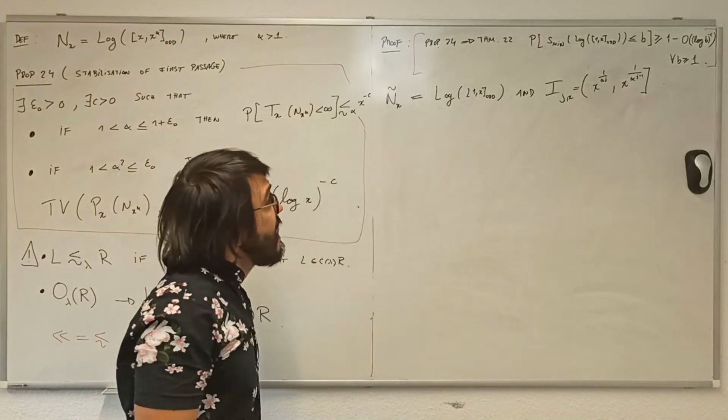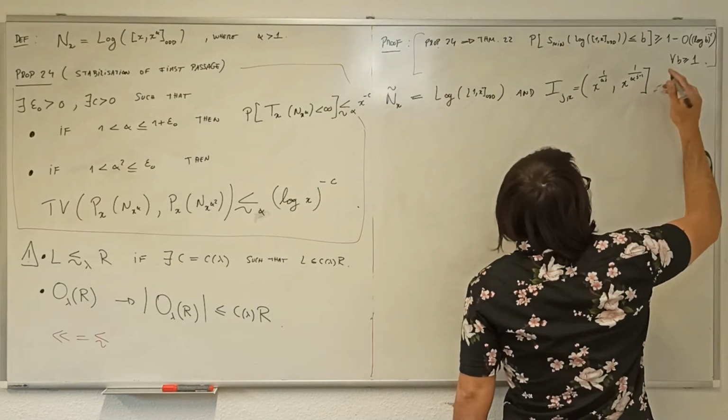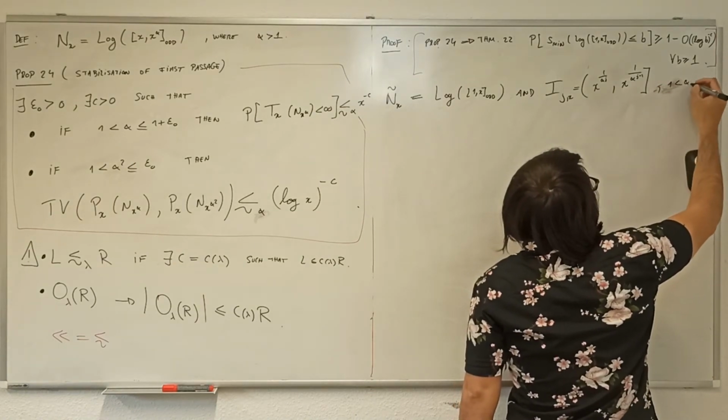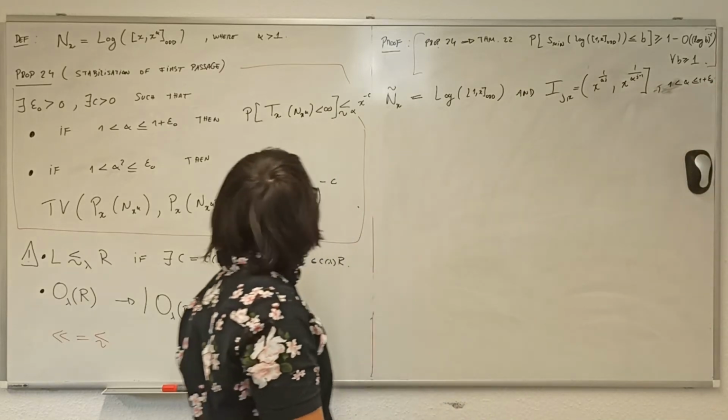Okay, and alpha is just a number greater than 1 and less than epsilon naught, so let's say it's at most 1 plus epsilon naught.